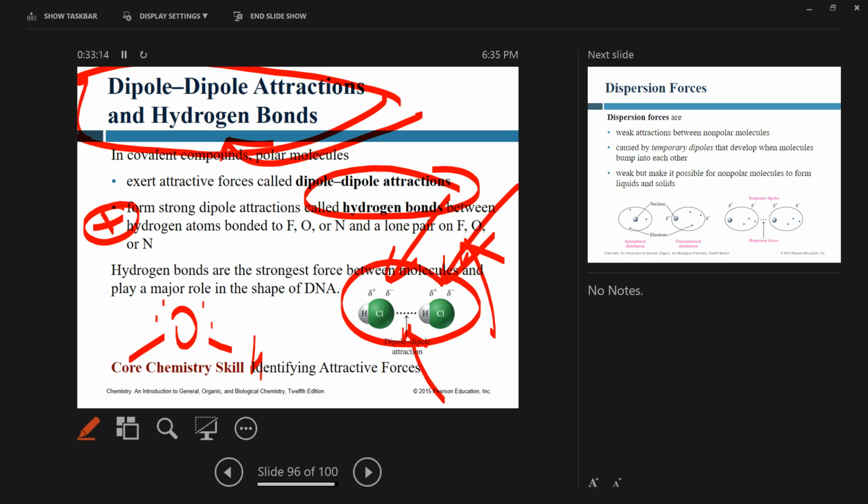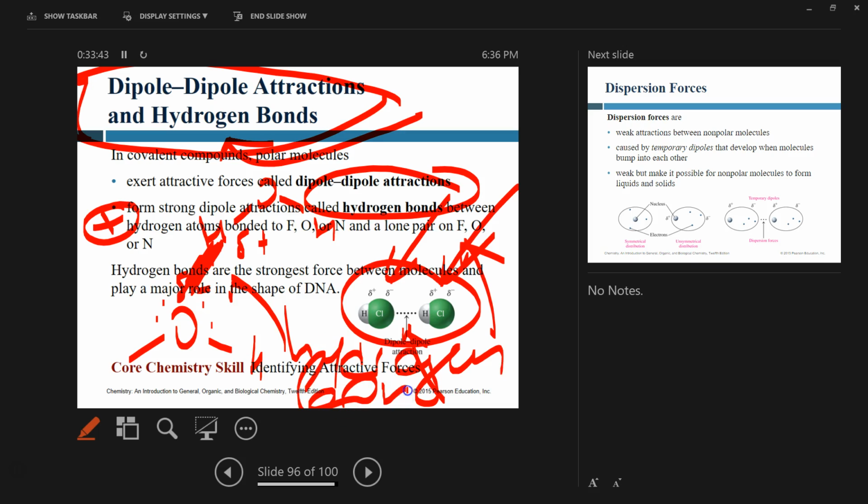That makes sense? And it has slightly negative charge. If you take another water molecule, hydrogens will have slightly positive charge. Can you see that? I draw it. So this hydrogen and this oxygen establish a hydrogen bond. All right? You see that? Got it?